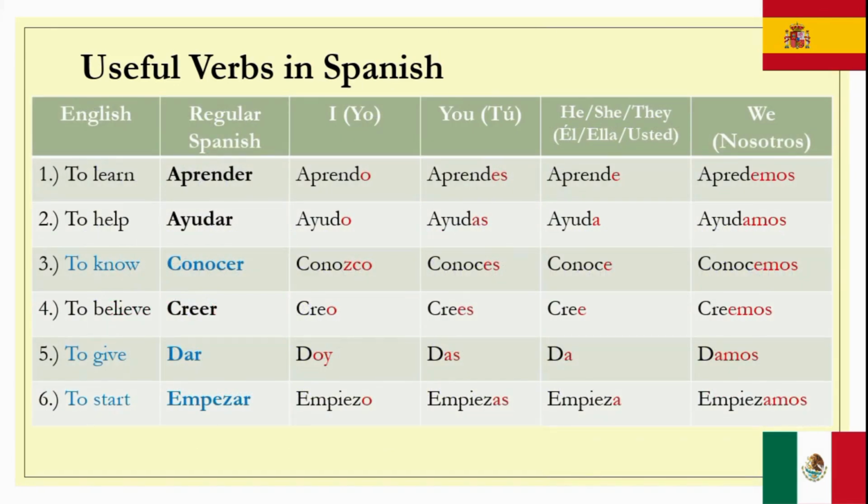Then here's the chart or table with the conjugated forms of different useful verbs in Español. In present tense, we have the English column. We have regular Spanish, first person, I or yo, second person, tú, third person singular, he, she, it, and since there is no plural third person here, I will just read it to you.